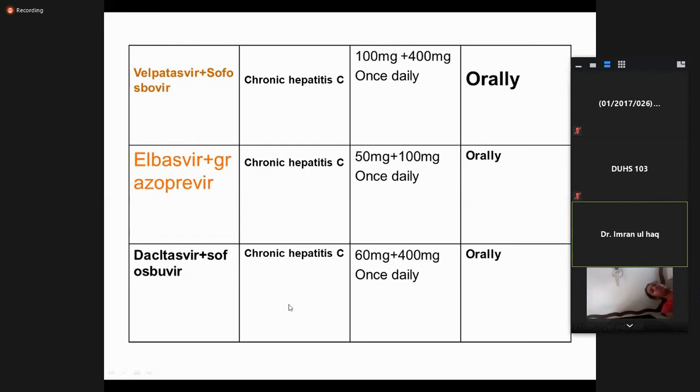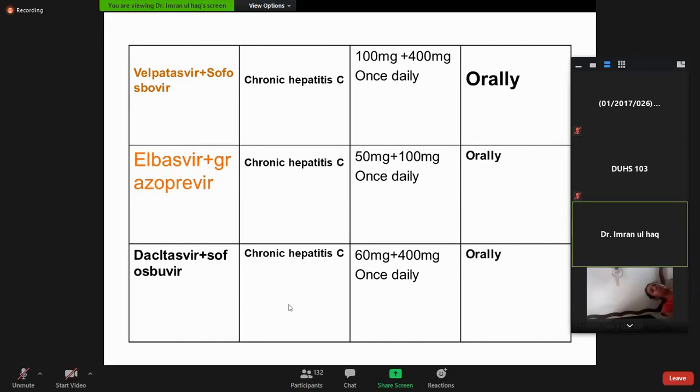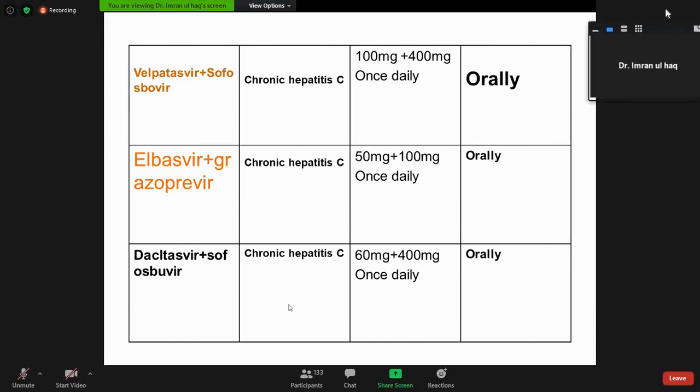Okay, now in the current treatment scenario, there are a number of drugs that can be given orally in the treatment of hepatitis C, and there are a few examples that I am sharing with you.